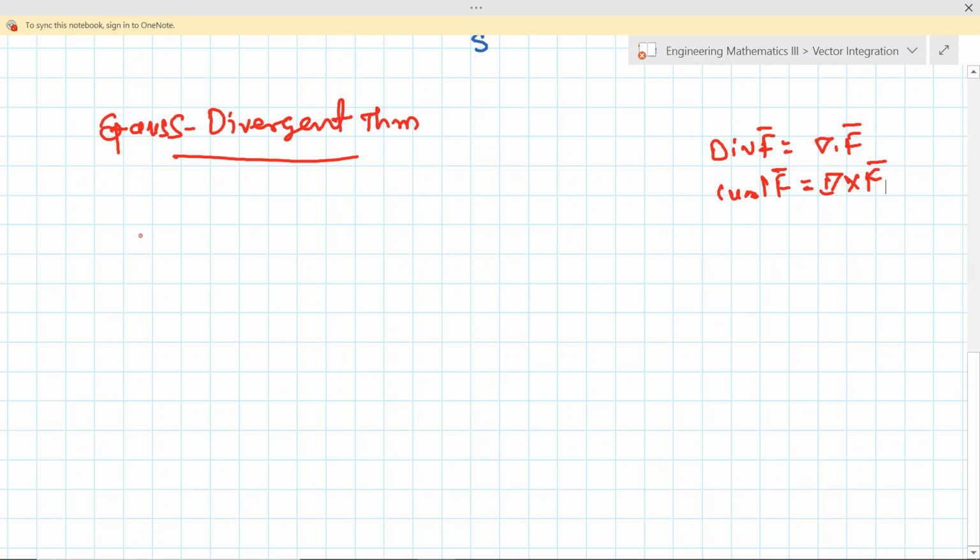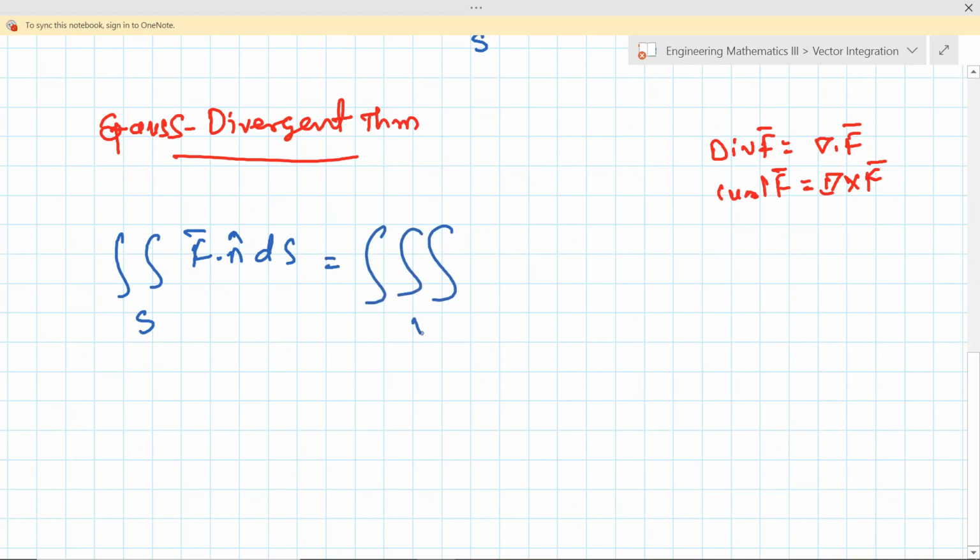So what is the statement here? The surface integral of the normal component of a bar over the closed surface is equal to the volume integral of the divergence of a bar taken over the volume V enclosed by the surface S. This is the Gauss divergence theorem.